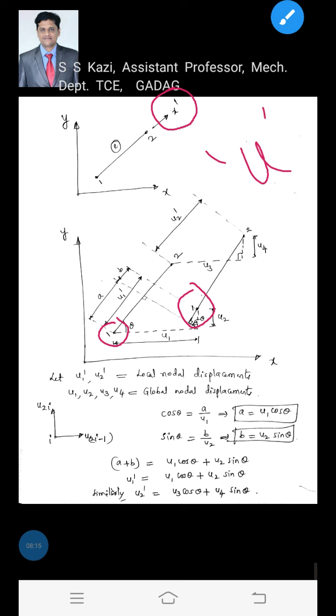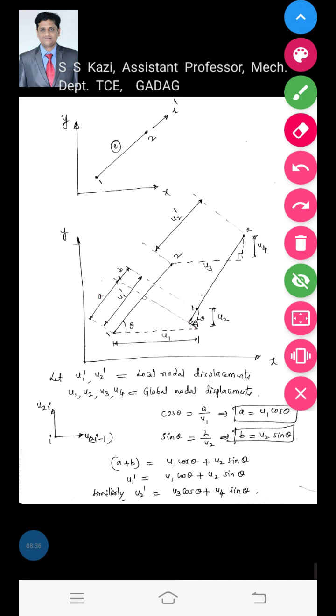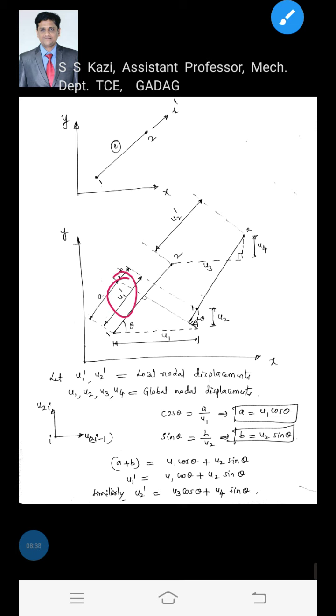That is why I took the notation: at node 1 the local displacement, which is along the element, is u1 dash. u1 dash is the local nodal displacement, measured only along the element. Likewise, u2 dash is the local nodal displacement at node 2.